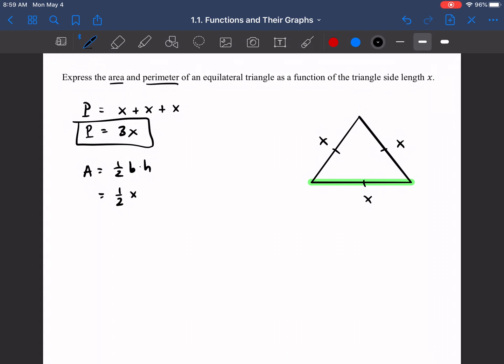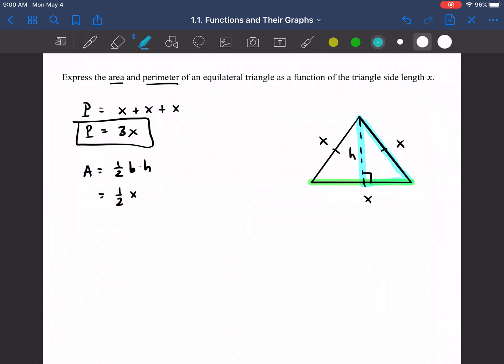But now we need the height. The height is going to be this length right there, that dotted line. We'll call it h for height. And we need to figure out then what it is. Well, again, if we look, this right here makes us a nice right triangle. Here, I'll highlight it in blue. We have this right triangle right here.